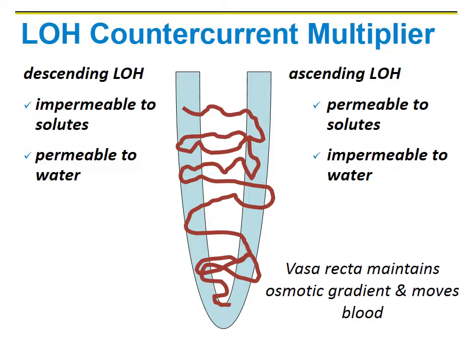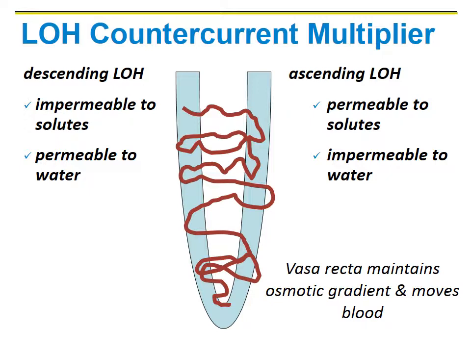The top of the loop is near the cortex, and there's only about 300 milliosmoles, so a little water leaves the filtrate to the interstitial space, where it gets picked up by the vasa recta. As the filtrate moves down deeper into the medulla, it encounters a larger gradient of salts. At the end or bottom of the loop, there's about 1,200 milliosmoles of salt in the interstitial fluid.